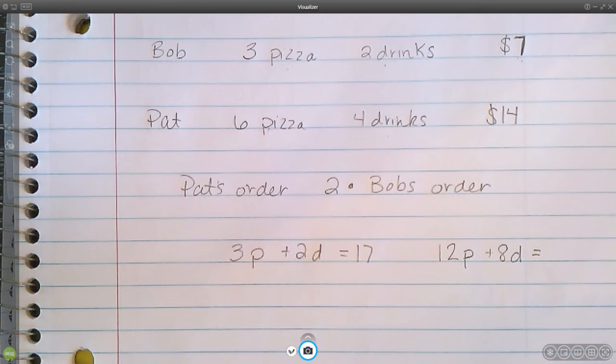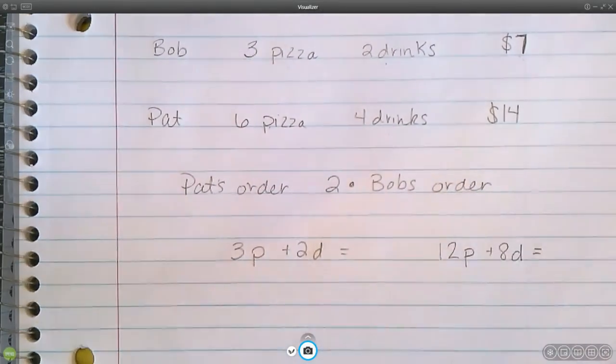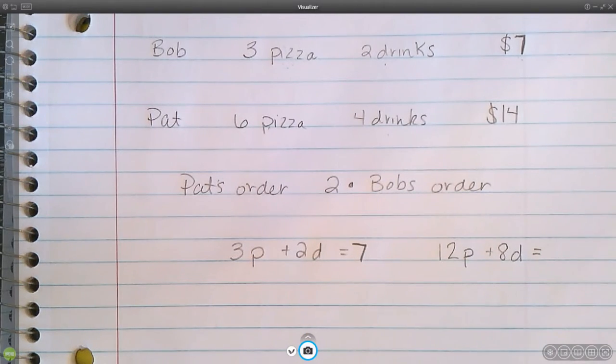How much do you think that one would cost? Okay, oh shoot, sorry, I wrote this down wrong. This was just supposed to be 7, not 17. Anyway, how much do you think this total cost is going to be?